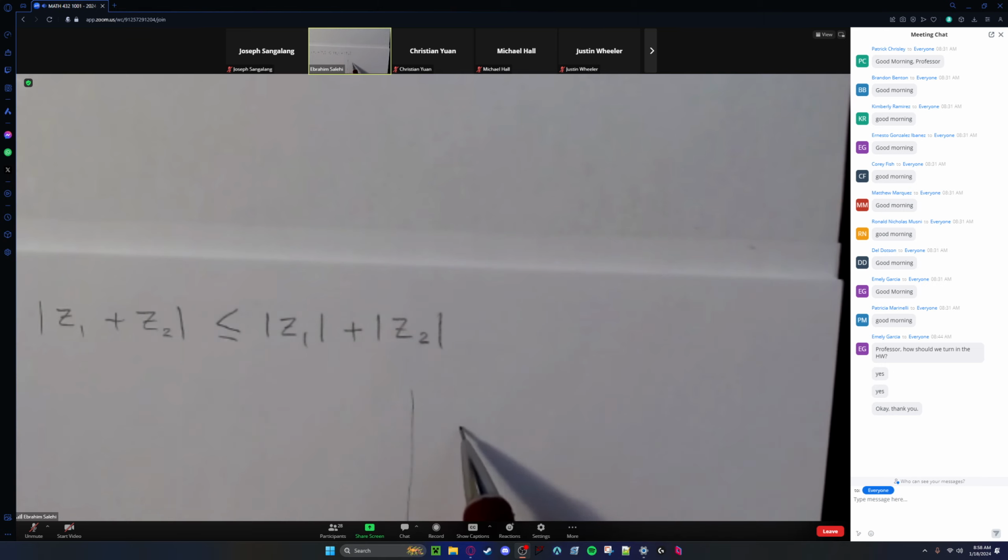Think about them as vectors. Then z1 plus z2 will be this diagonal. It's like vectors.